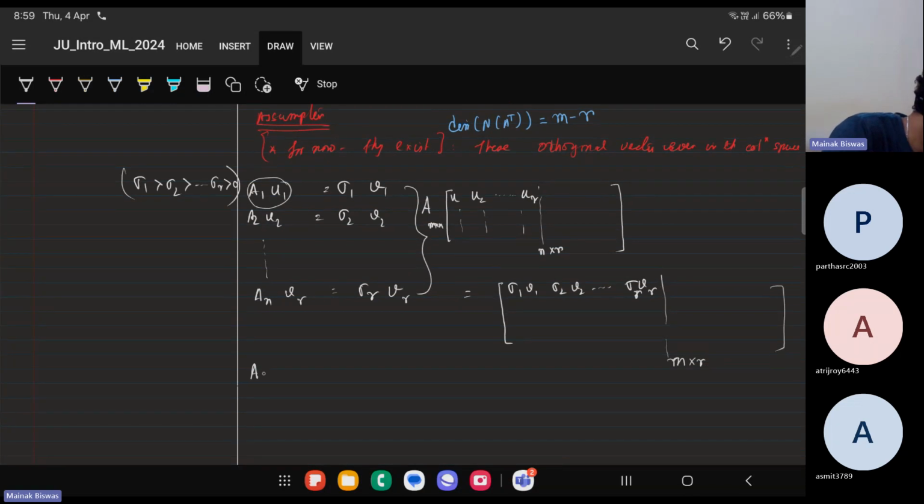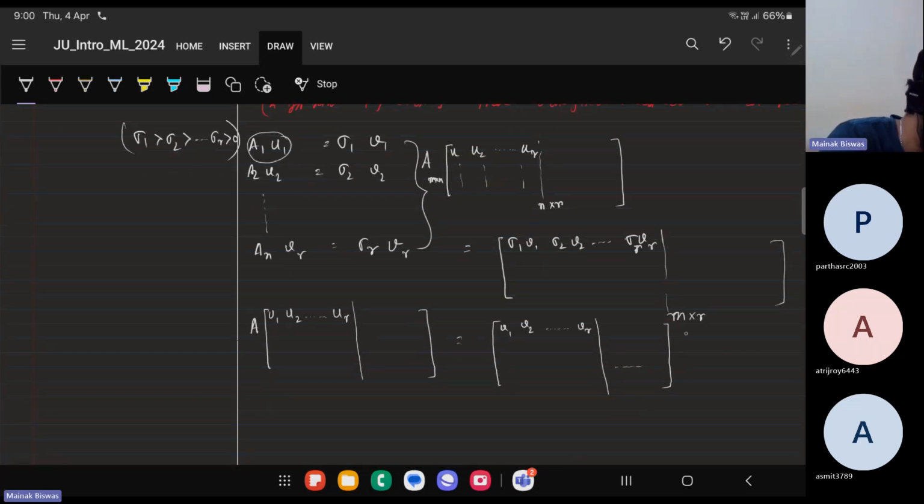I will get A times U1, U2, UR. Some space I'll keep again, then V1, V2, dot dot dot VR. Then sigma I can write as sigma 1, sigma 2, up to sigma R, a diagonal matrix.